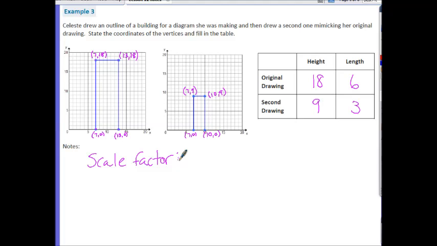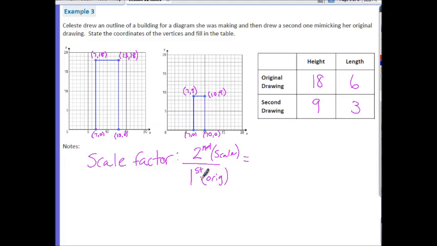So we're going to take our output, which in this case is the second drawing, and divide it by the first drawing. So essentially what's going on here is this is the scale, and then this is the original. Okay, so this is our output, this is our input, and that's the same thing that we learned how to calculate our M, which is unit rate, or the constant of proportionality.